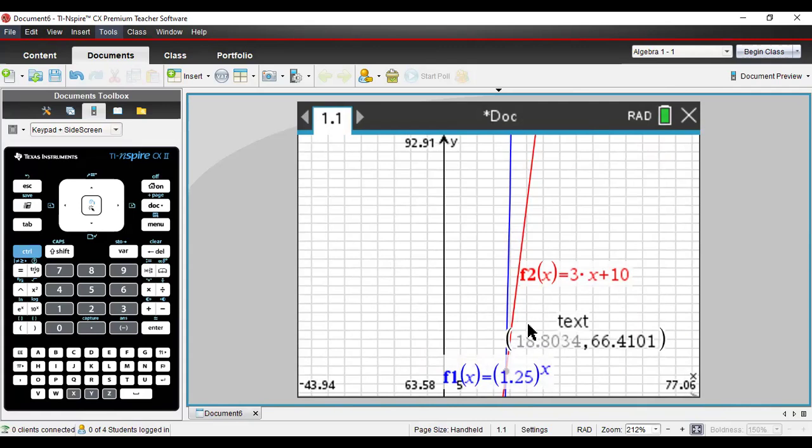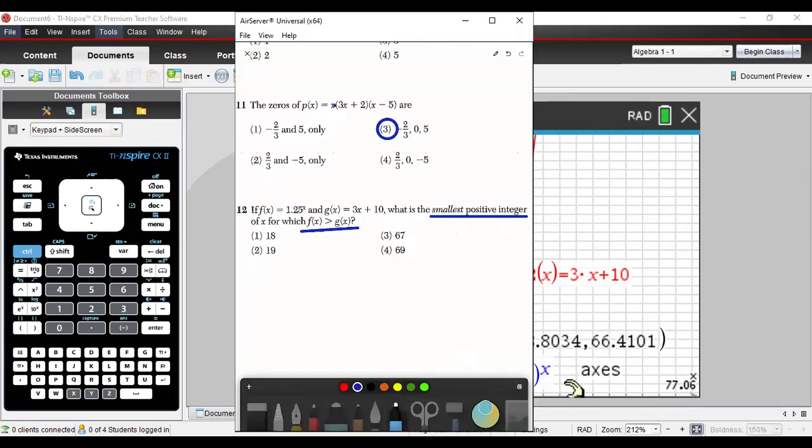And by the way, in this particular case, the blue is on top of the red, so that means the exponential now is going to be greater going from here on out. So we can say that the intersection for this is 19, because 18.8 is where they're equal.